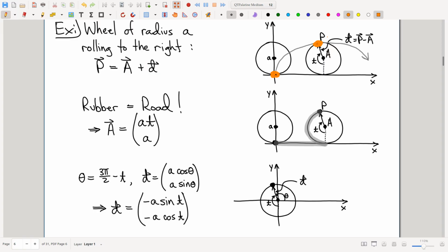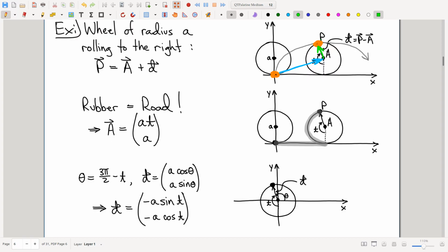First big idea, that is equal to, color choices, it's equal to this blue vector describing the location of the axle of the wheel plus this green vector describing the direction and magnitude of the spoke that reflector is attached to.